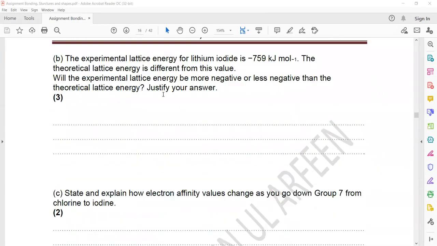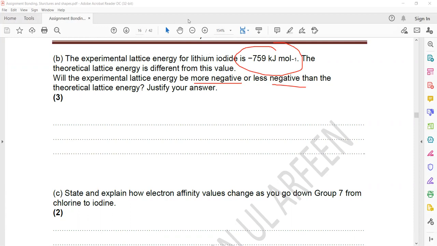In part B, the experimental lattice energy of lithium iodide is 759 and the theoretical value is different from this. Will the experimental lattice energy be more negative or less? The experimental lattice energy is always more negative. Why?